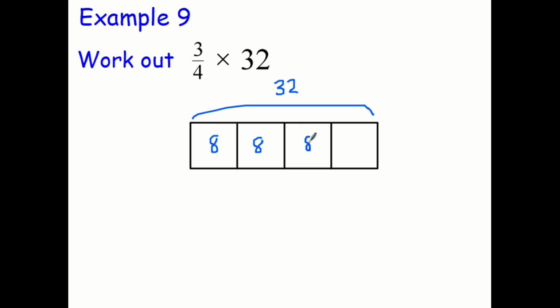And then I am multiplying by 3. Why am I multiplying by 3? Because my numerator is 3. And I want 3 quarters, not just 1 quarter, so 3 lots of 8, 24. So 24 is my answer.